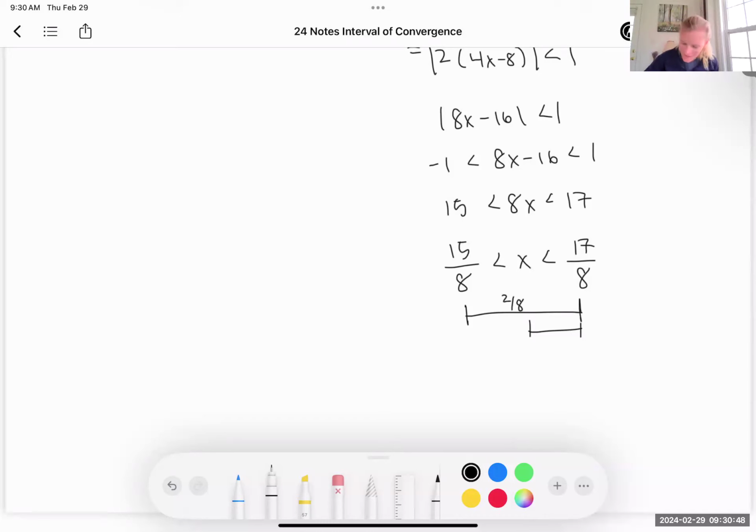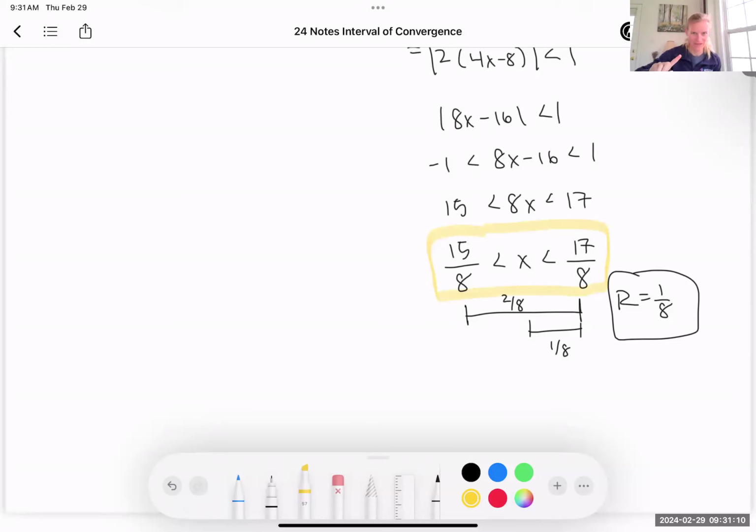So half of that is just 1/8. 1/8 is the radius of convergence. The radius of convergence is telling us how wide that interval is, except it's just half of how wide it is. Okay, so our radius of convergence is 1/8. The interval of convergence is this, but we still have to check the endpoints.